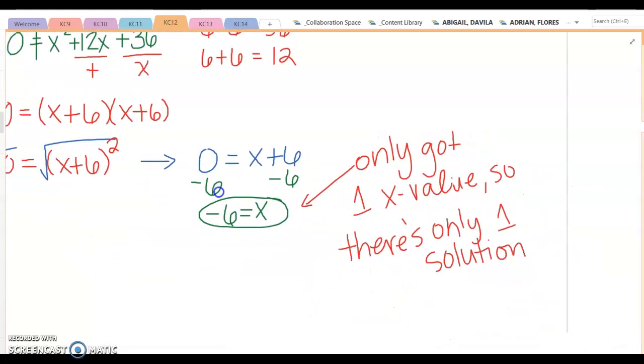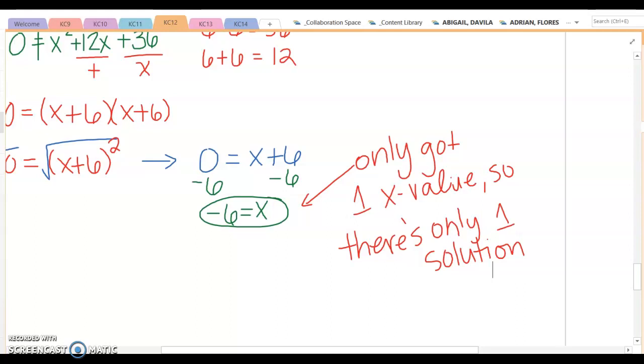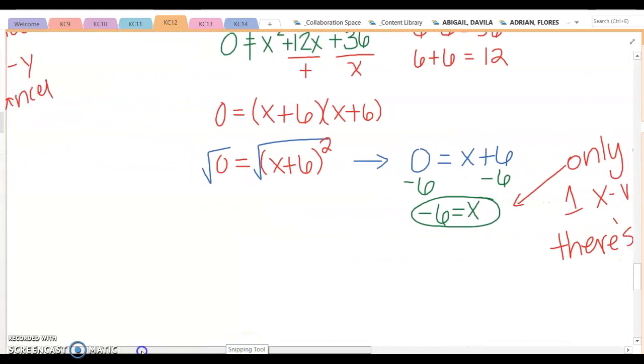Okay, so if you only get one x value, that tells you there's only one solution, right? Because we had the same factor twice, right? That means you're only going to get one number for x out of it. If this was like x plus 6 and x plus 1, you'd have two different x values, so you'd have two solutions. This time, we only have one x value, so there's only going to be one solution.